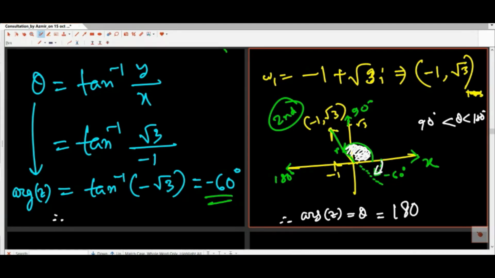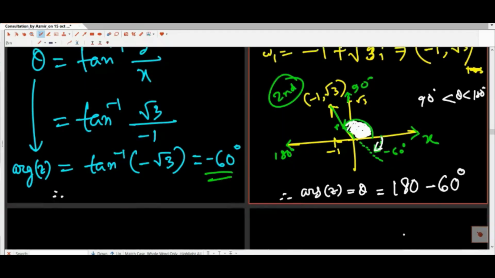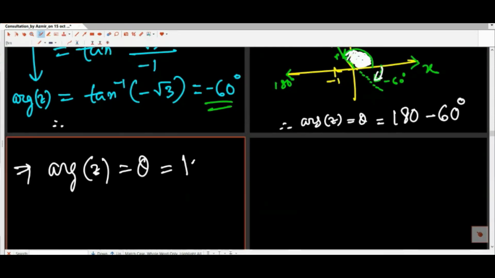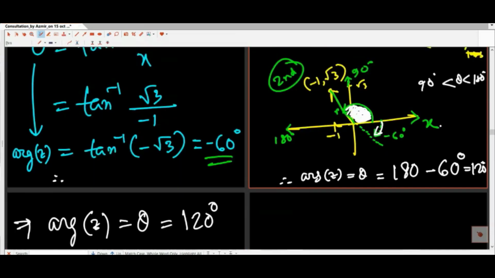So to get just this one, we have minus 60 degree to add. So now the argument of z, that is theta, equals 120 degree. So now we can understand that this is 180 degree. What we have assumed is okay.